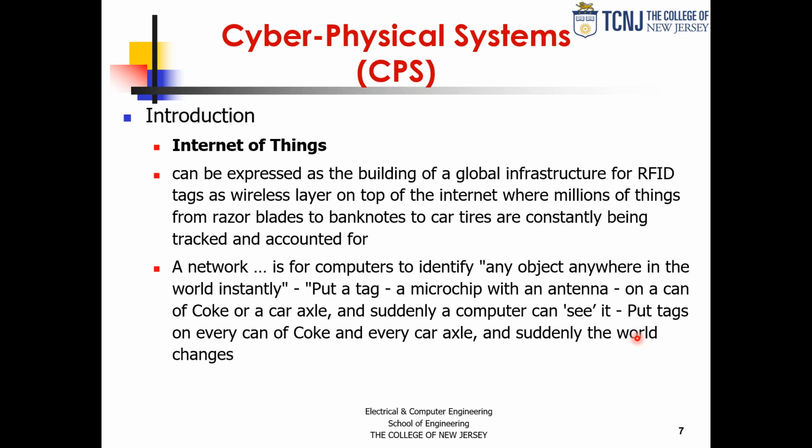We can collect data without necessarily knowing what we're going to do with it, but the data is there. It's up to us to come up with services, applications, and products that can utilize that data for the betterment of society. If we have that, because we can put this very inexpensive, very tiny chip.